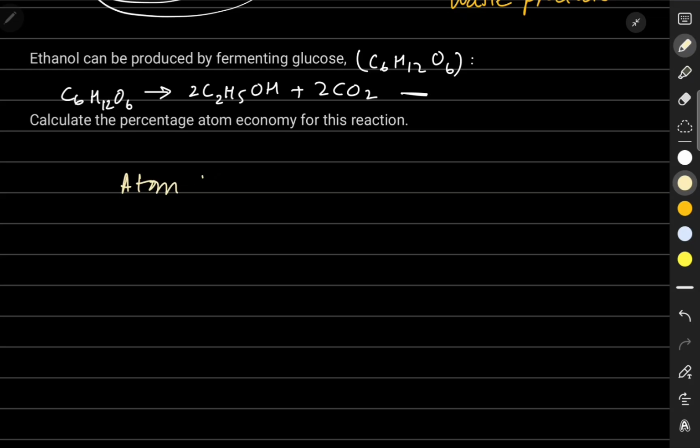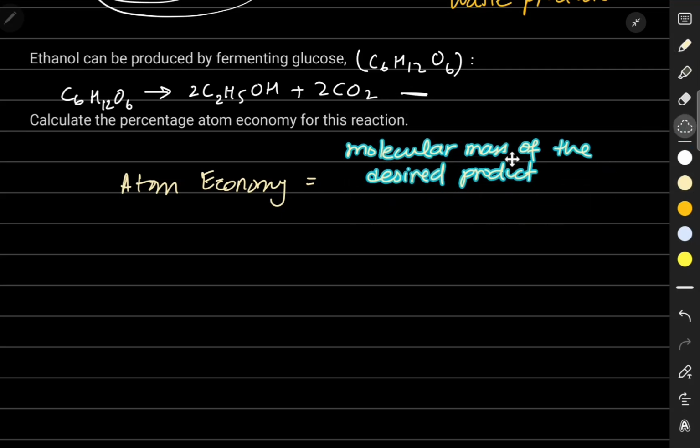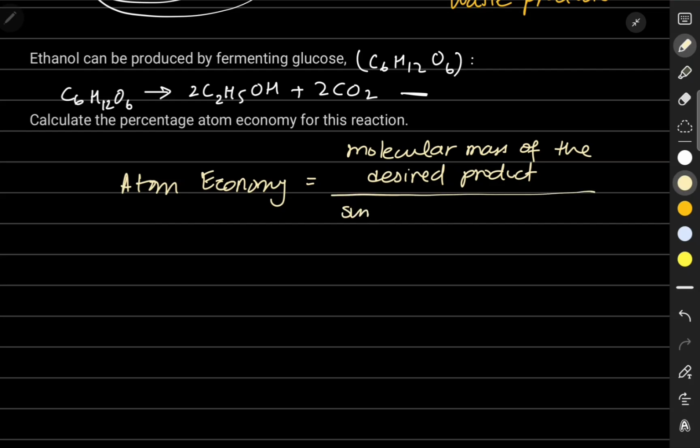Atom economy is equal to the molecular mass of the desired product divided by the sum of the molecular masses of all the reactants.